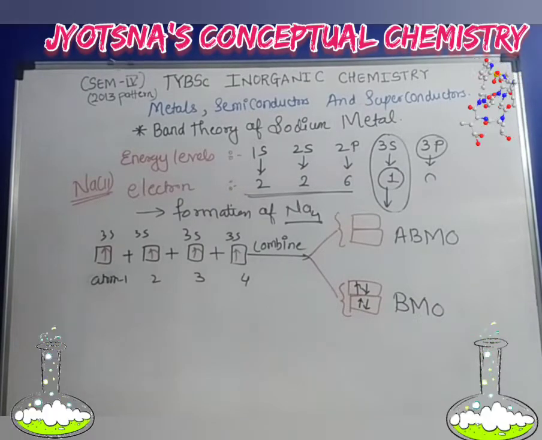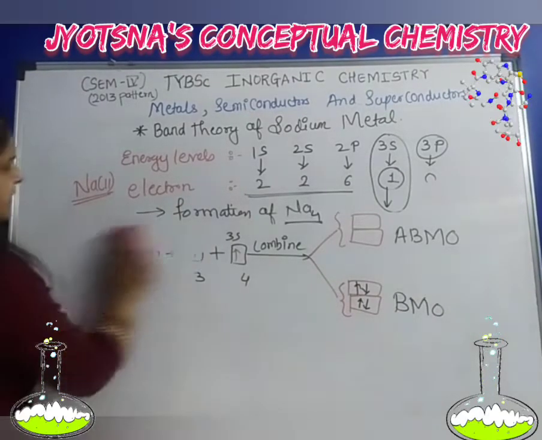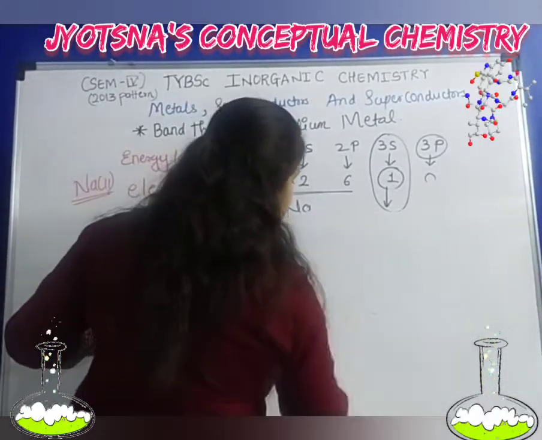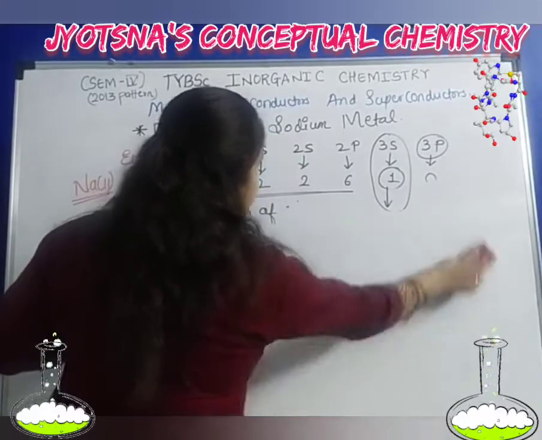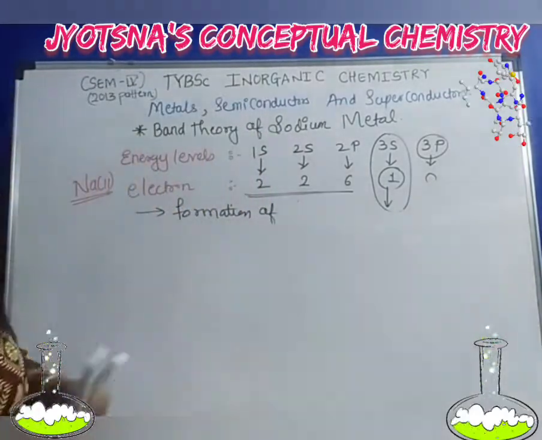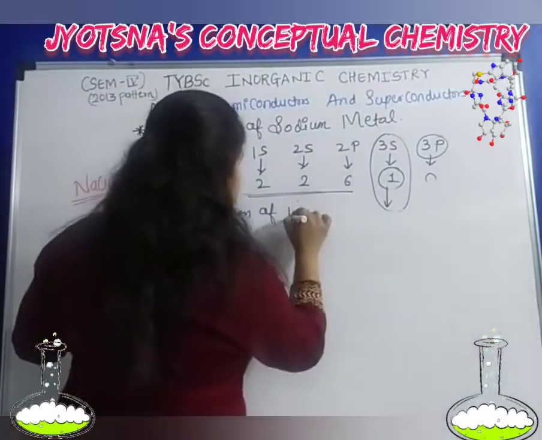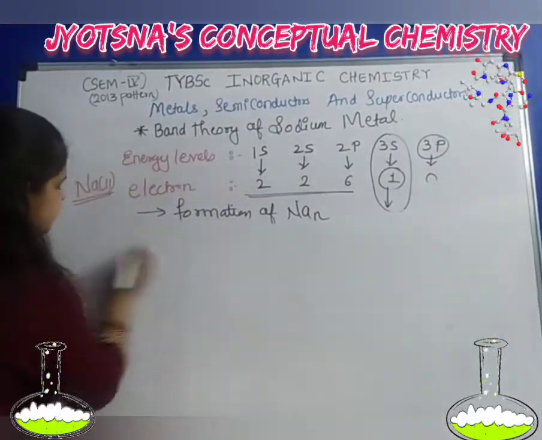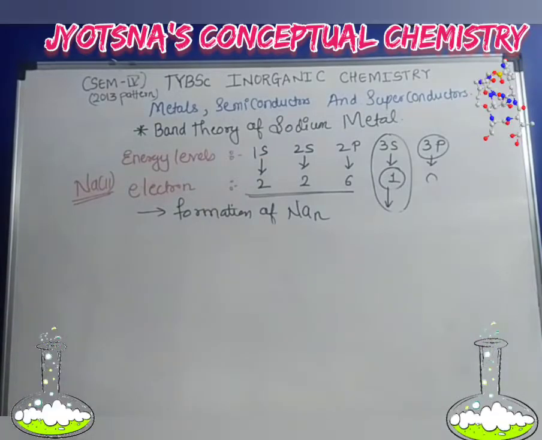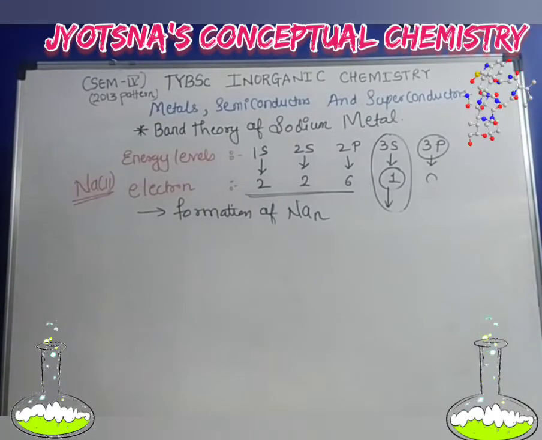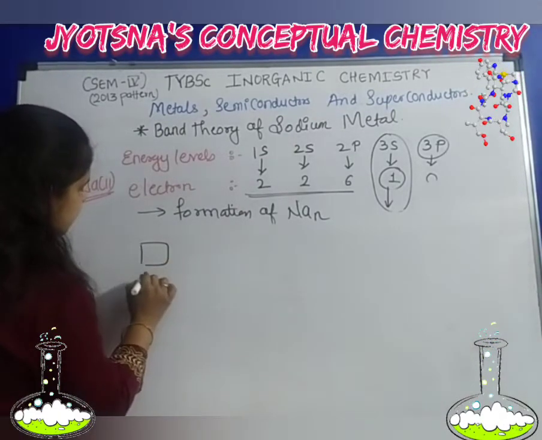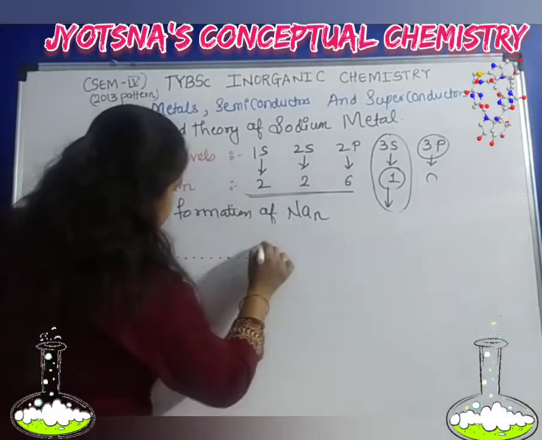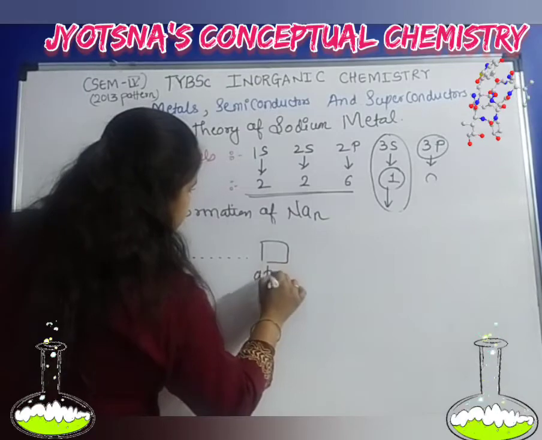Okay. If we take sodium n times, I just want to show you one result. N times means, tell me, it is an atom 1 and here it is an atom n.